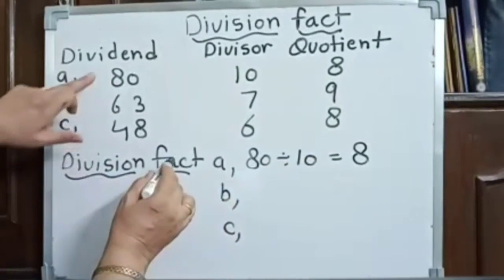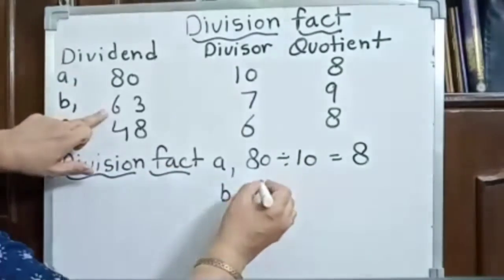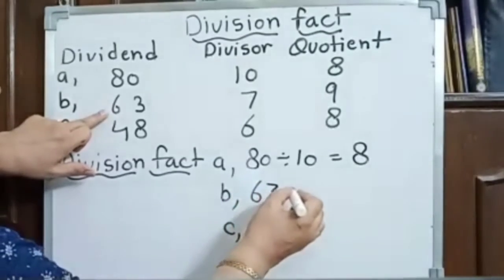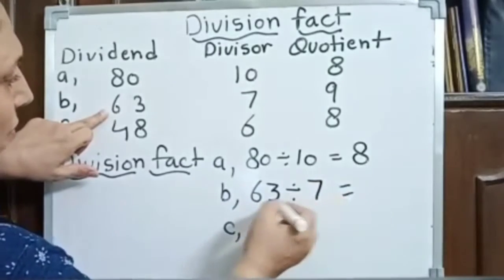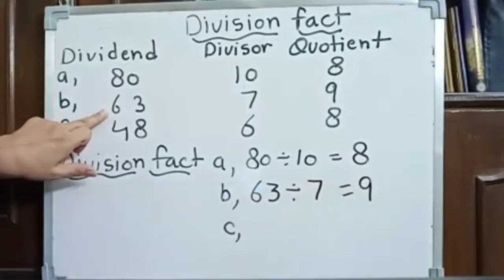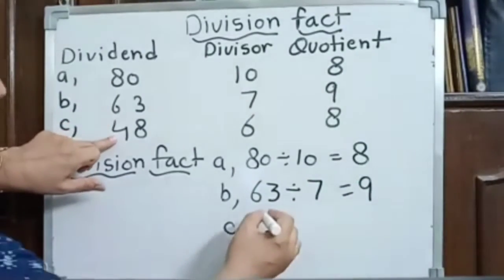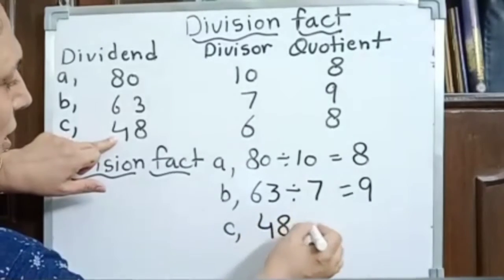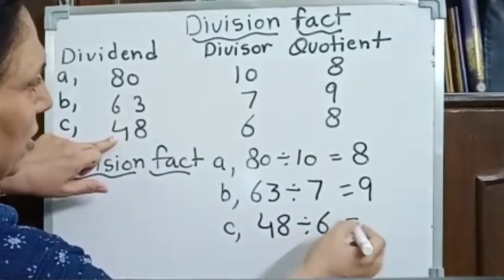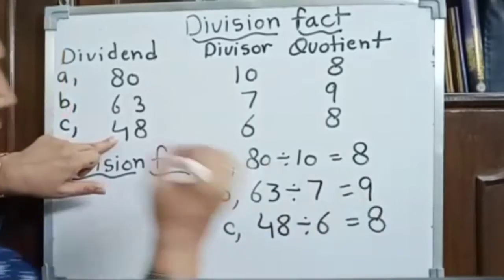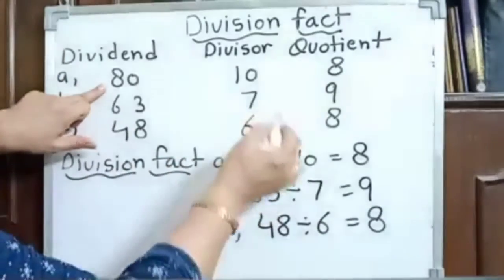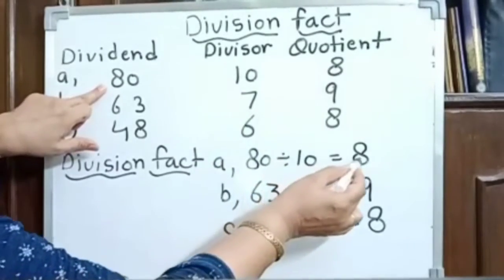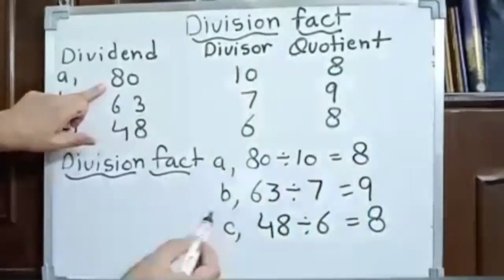This is the division fact of A. Now 63 dividend divided by divisor, 7 nines are 63. Here 48 divided by 6. So 6 eights are 48. Again division fact, dividend divided by divisor, quotient means answer.